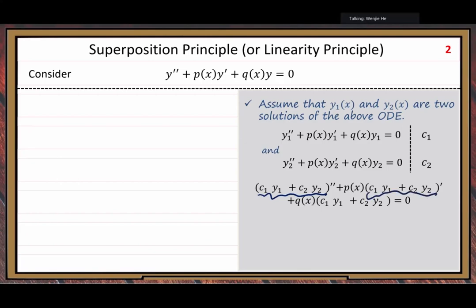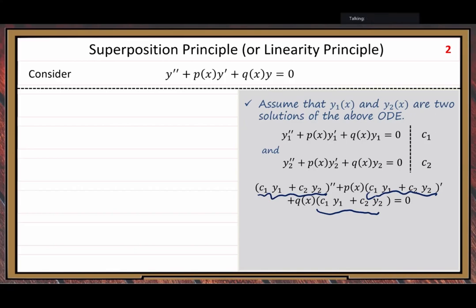The same function C1y1 plus C2y2 appears in these three pairs of parentheses. Can we treat it as one solution of this equation? The same function satisfies the original equation.